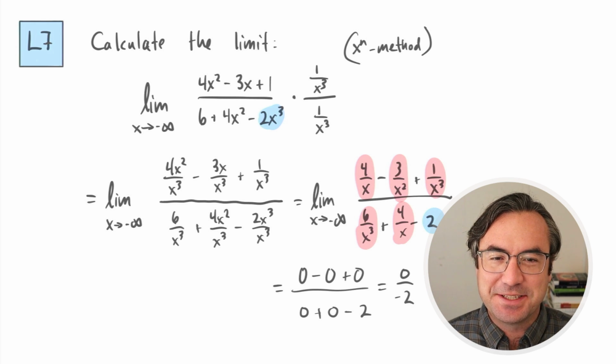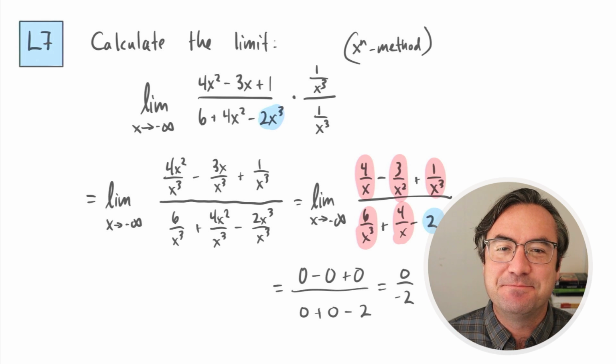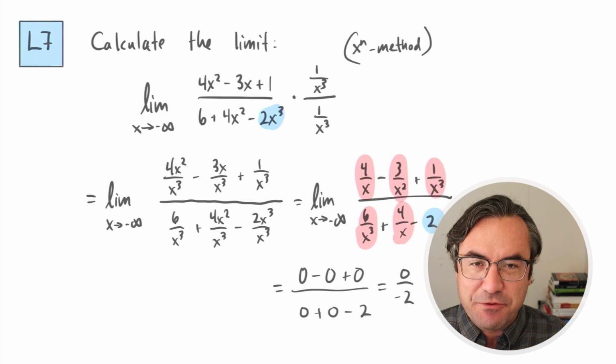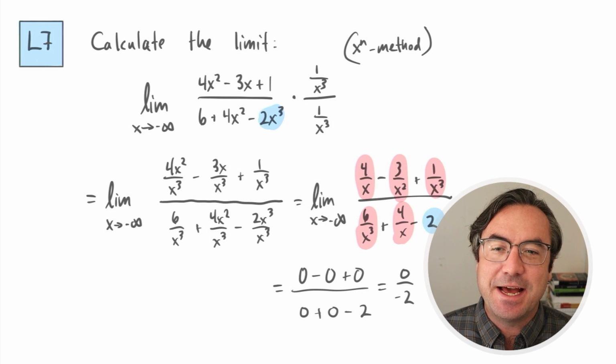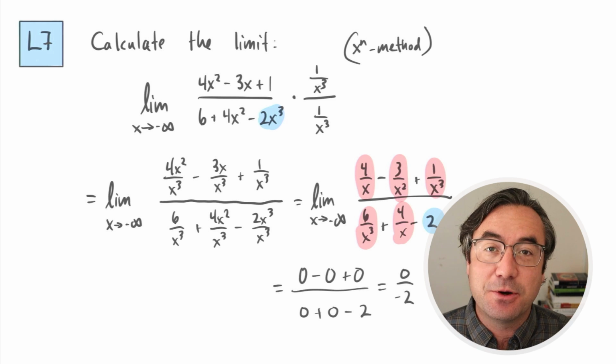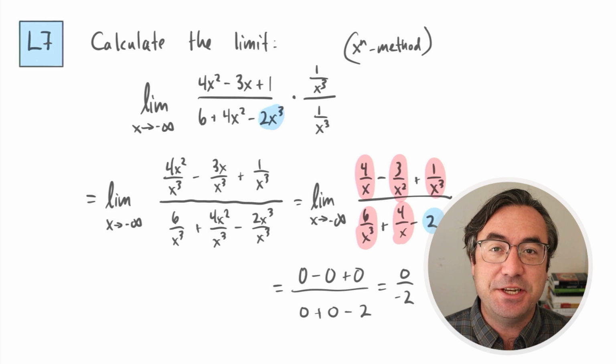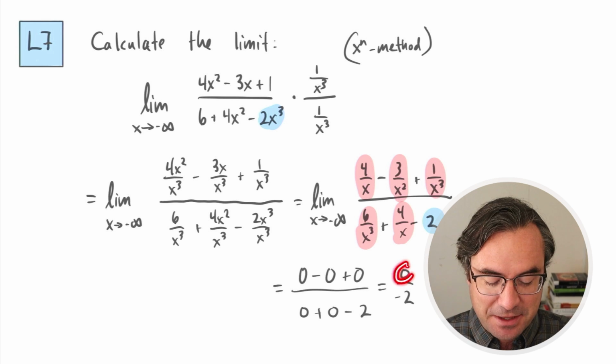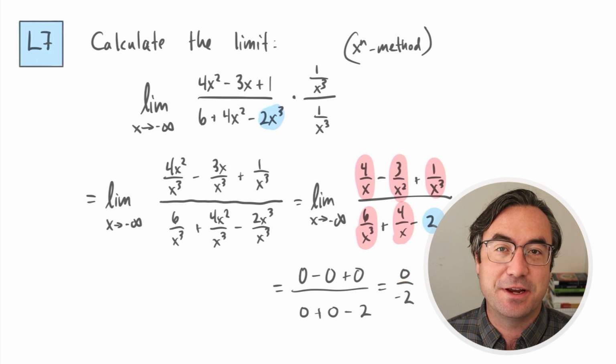I picked this one because this is a common mistake. We've been doing limits now, and we've seen things like 0 over 0 or c over 0. So we're kind of trained at this point to be a little fearful of 0 in a fraction.